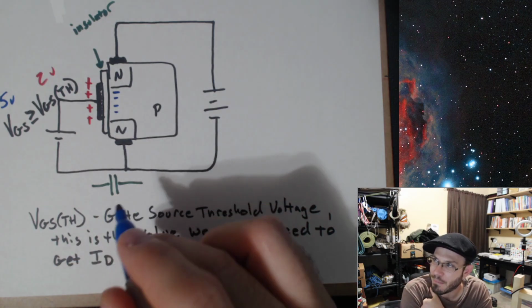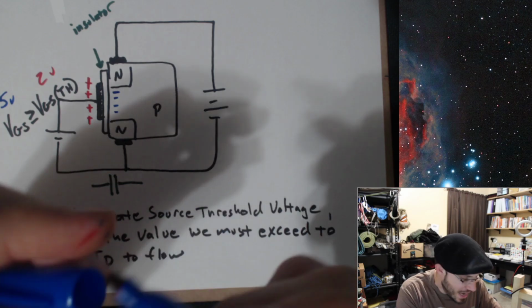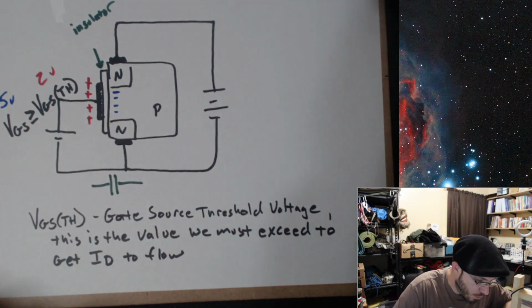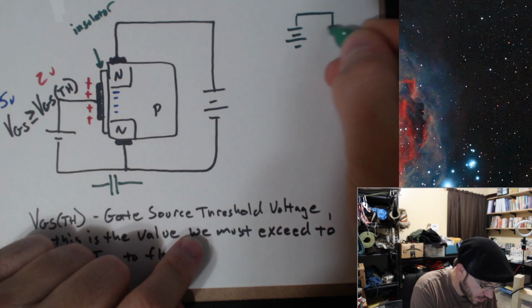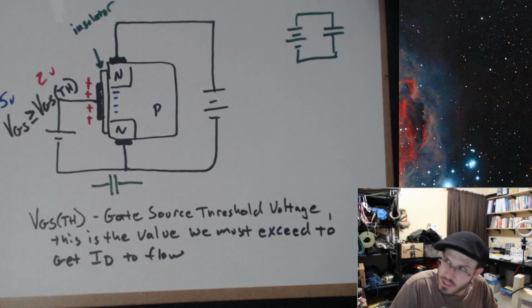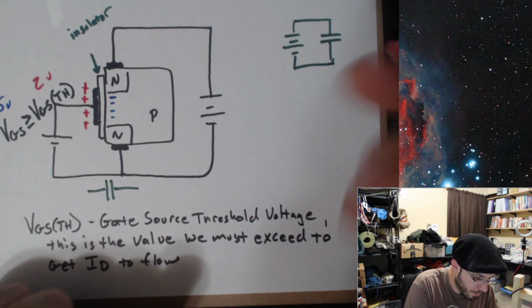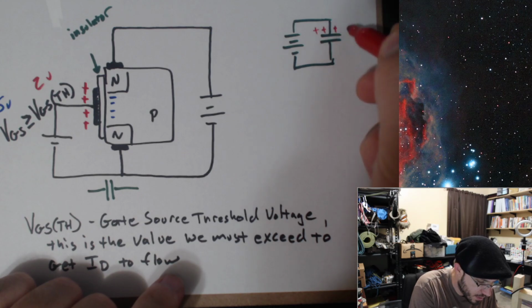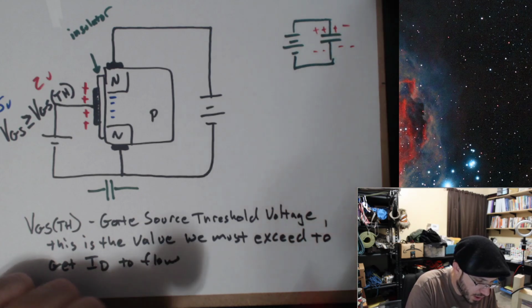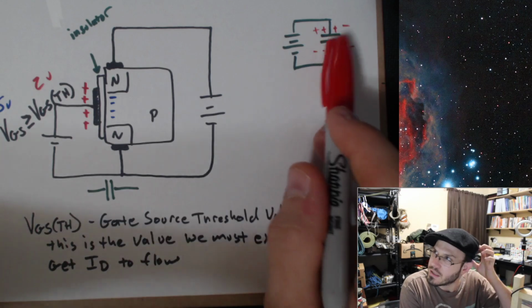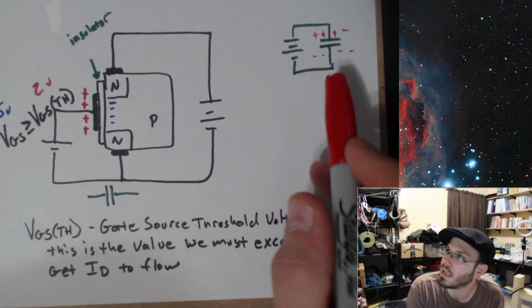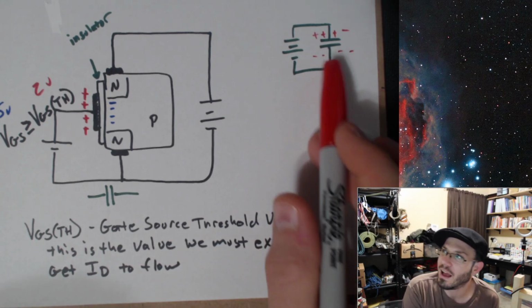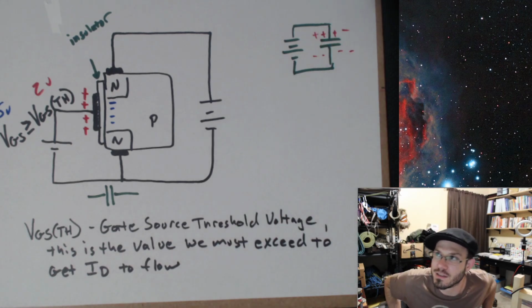This is the same thing that happens when you charge up a cap. If I were to do this, I will reach a point where I have built up a bunch of positive charge on this side and a bunch of negative charge on this side. And now this guy is storing charge. He's got energy stored in him in the form of electrons and lack of electrons.